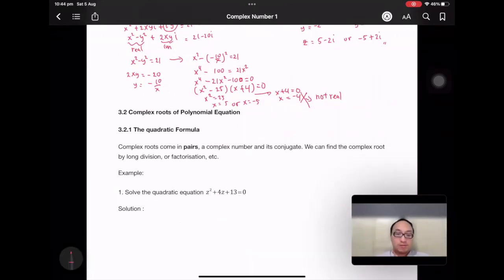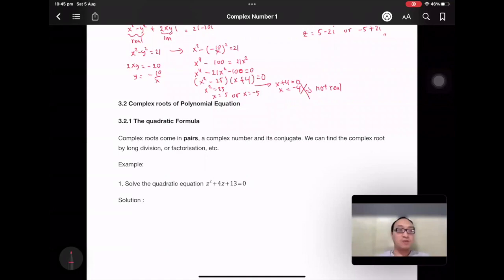Next, complex roots of polynomial equations. We can find the roots of polynomial equations in the form of complex numbers. First, using the quadratic formula. Complex roots always come in pairs.